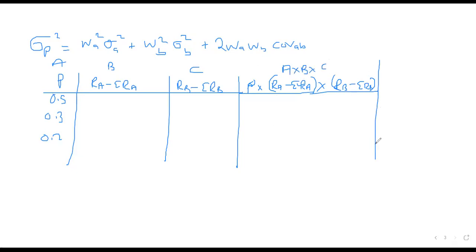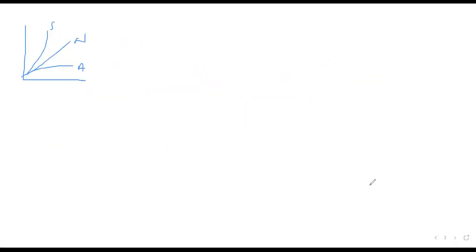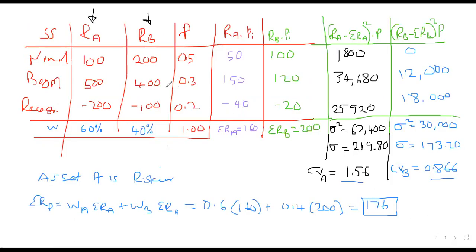Here, if we go back to our initial table, the return for A was 100. 100 minus 160 is negative 60. Then 500 minus 160, and 200 negative minus 160.